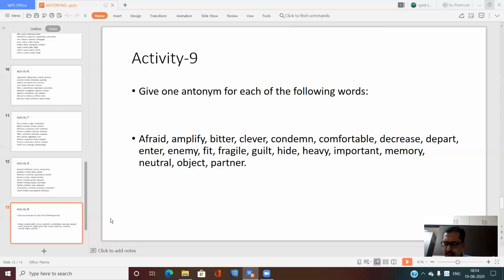She was in an agitated mood. She was in a calm mood. The candidate gave very clear answers to the questions. Clear. The candidate gave very vague answers to the questions.